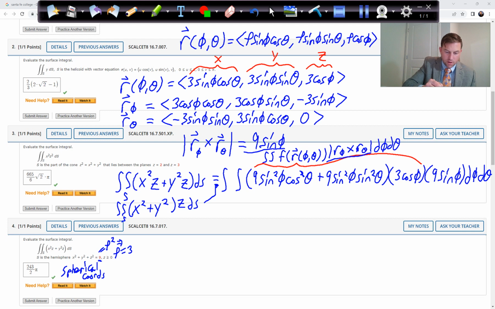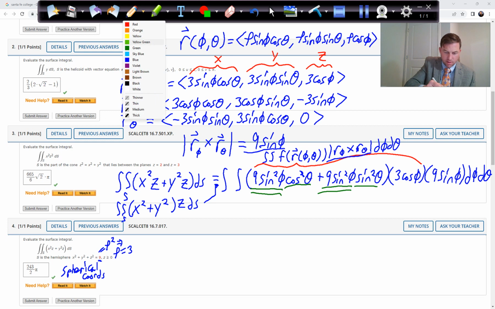Now one thing we're going to notice is that there's a common 9 sine phi in both these terms, sine squared phi. We're going to factor that out and we're going to be left with cosine squared and sine squared, which is going to be 1. So that whole double term bubble is going to reduce to just 9 sine squared phi.